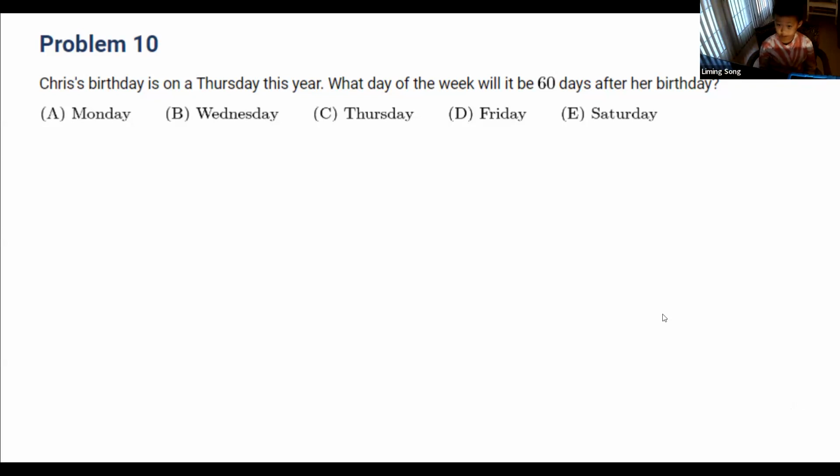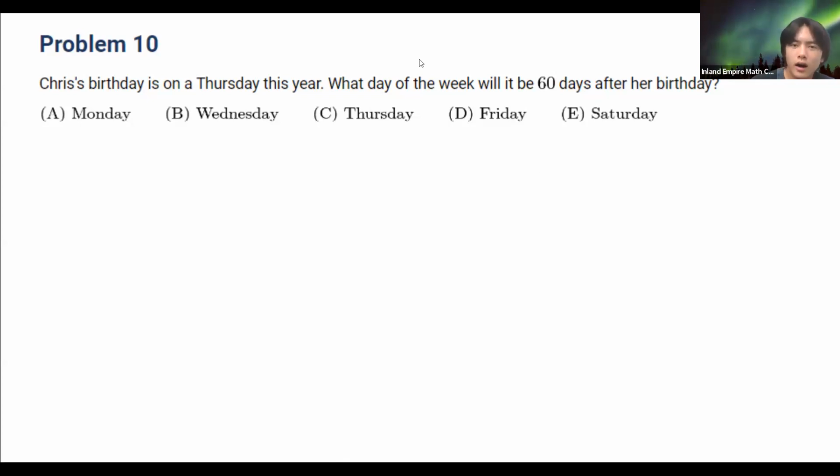Then subtract 60. Then you'll get a 4. Then you will get a 6. And then you count the days and you'll get B.